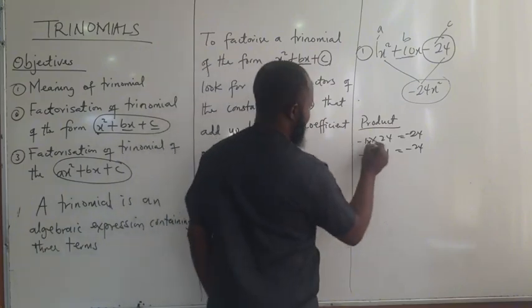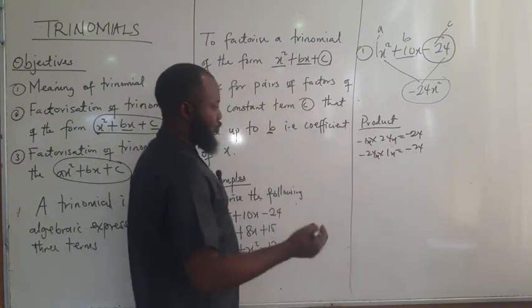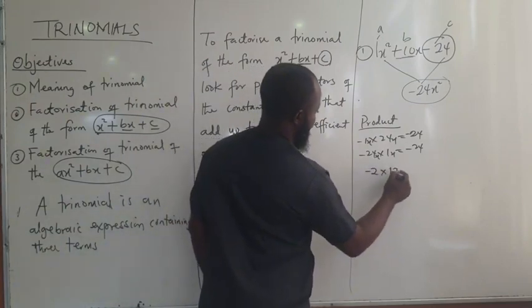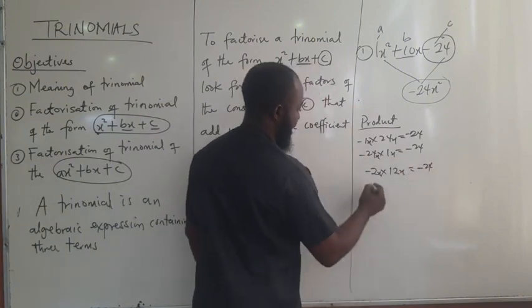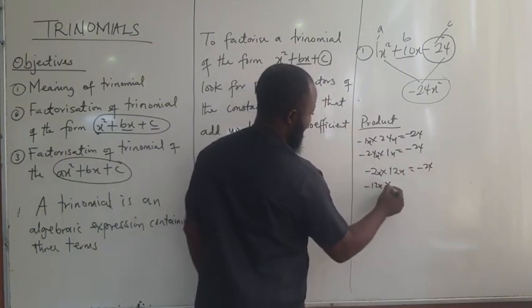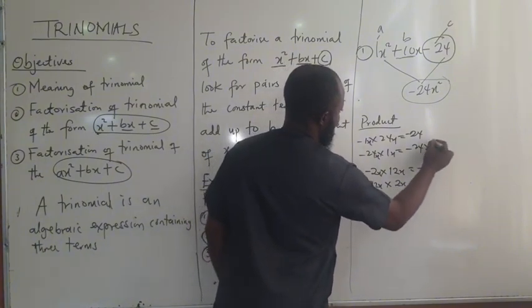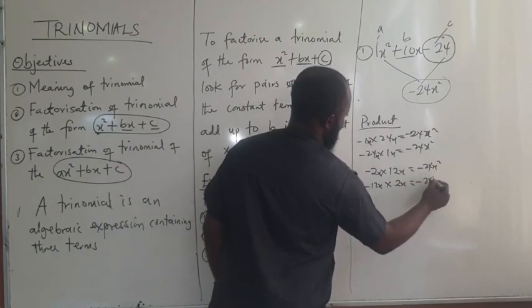So we put x there, x there, x there, x there. What other factor do we have? 2. Minus 2 times 12. So that's minus 2x times 12x, which will give us minus 24x squared. And also minus 12x times 2x equals minus 24x squared.